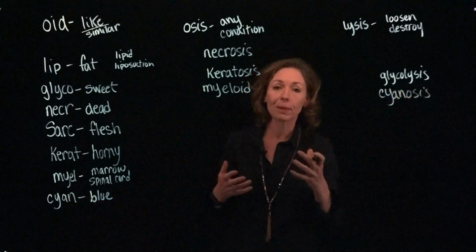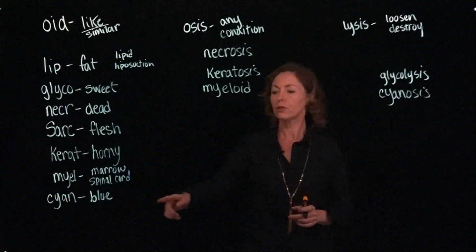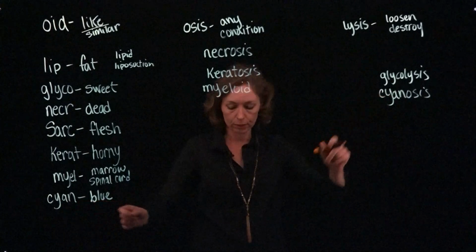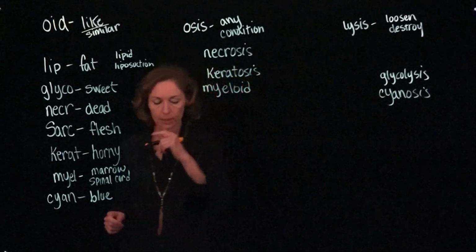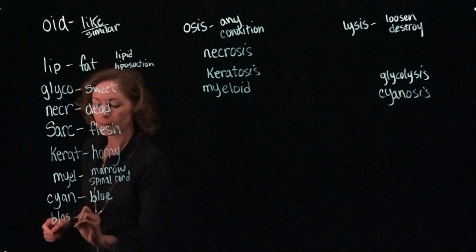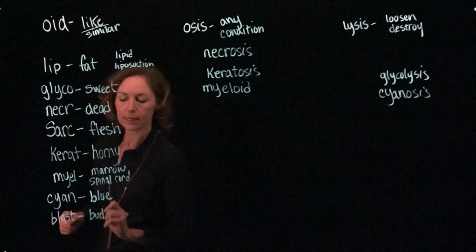Any condition of the patient being blue. Their oxygen level is not high enough. They're turning blue. They are cyanotic. They have cyanosis. Our next root today is blast. And blast means bud.